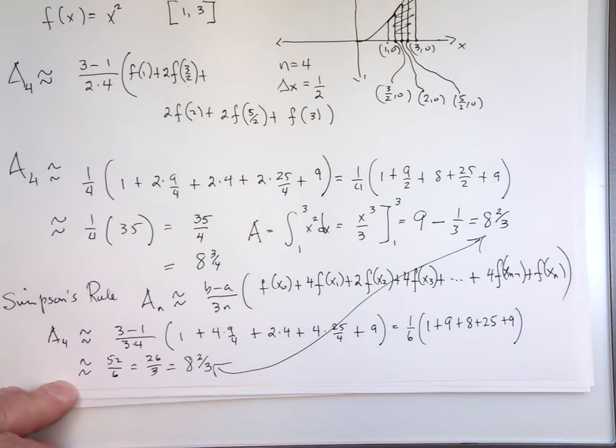It's right on the nose. Which is why Mathematica and computer algebra systems, when they do numeric integration, basically do Simpson's Rule. Sam? Why do we learn the trapezoidal rule?